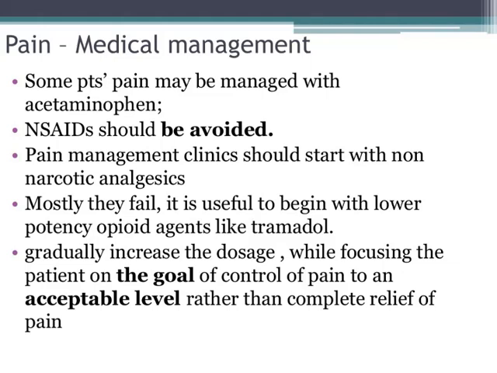Mostly they fail. It is useful to begin with a lower potency opioid agent like tramadol. Gradually increase the dosage while focusing the patient on the goal of controlling pain to an acceptable level rather than complete relief.